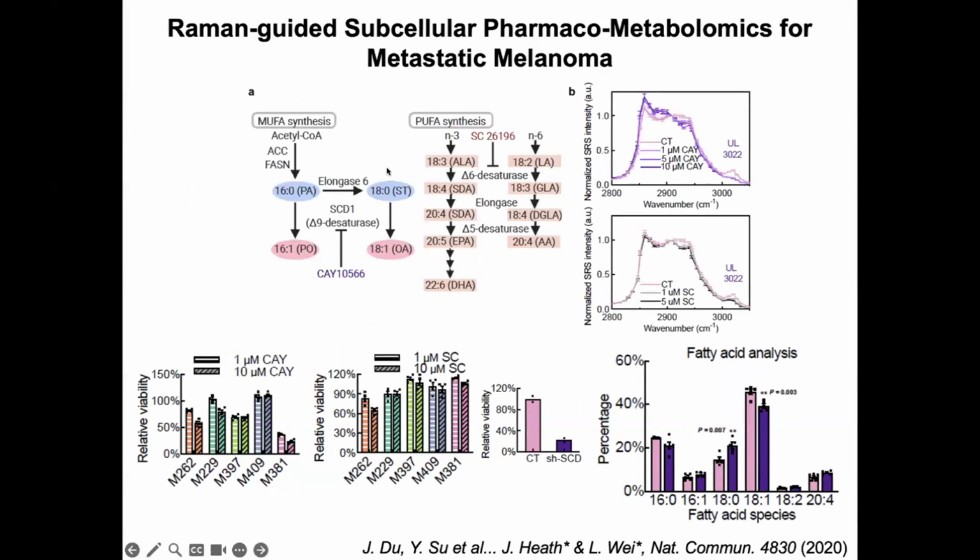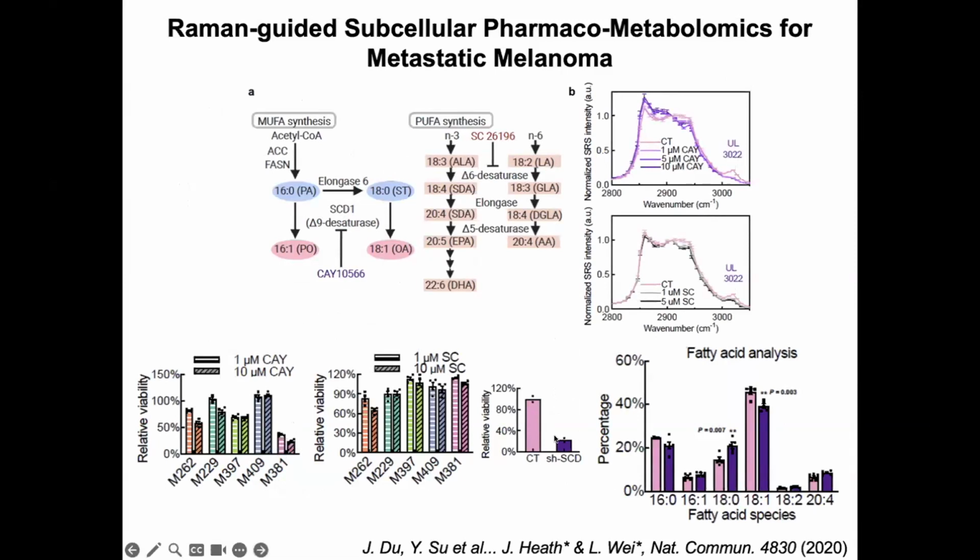So then we used drugs to inhibit the monounsaturation and the polyunsaturation, trying to pin down which one is underlying the susceptibility. Both drugs are effective, because you see decreasing peaks in Raman. However, only by inhibiting the monounsaturation did the cells lose viability.